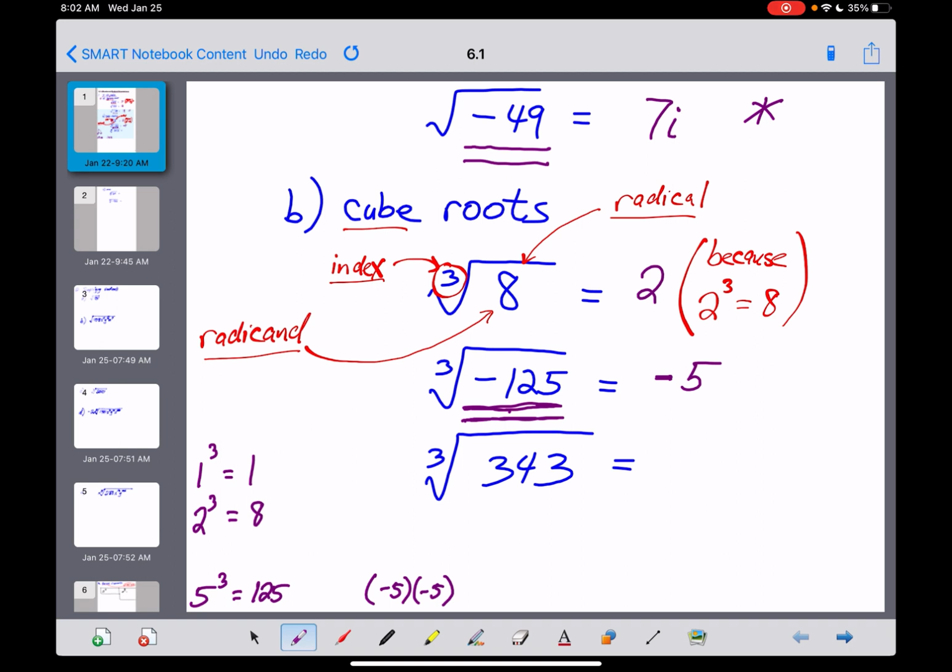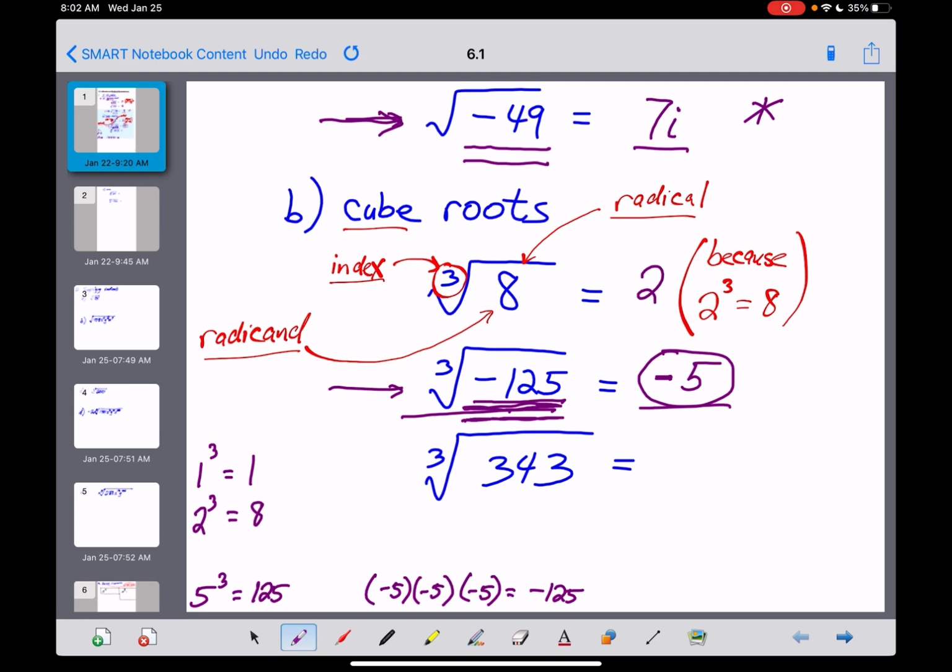And if we multiplied that positive 25 by another negative 5, that gets us the negative 125 that we were looking for in our radicand. So there's something to learn here, guys, from this example right here and this example right here. What should we take from this? Up top, the square root of a negative number has to be imaginary, but the cube root of a negative number is real. It just needs to be negative.